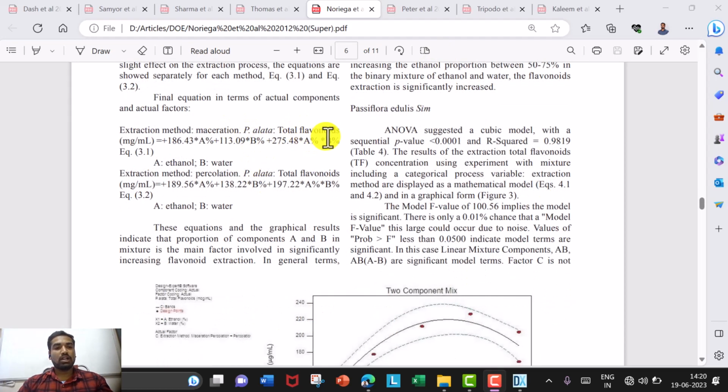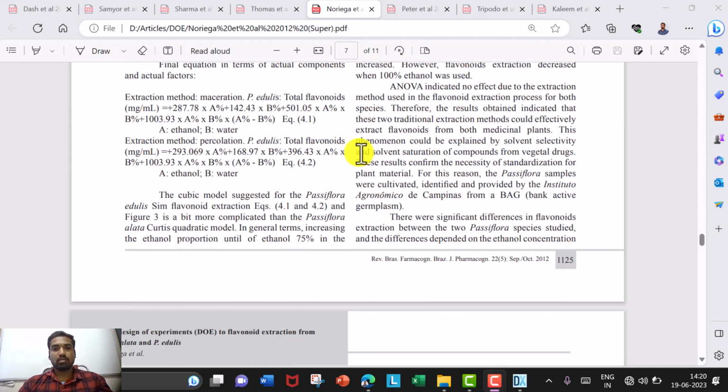Okay, the model gives the equation for the optimized condition. This is the equation for maceration, and this is the equation for percolation. See, in alata the quadratic model is well fitted, but in the Passiflora edulis the software suggested the cubic model, and the acceptance rate is high in this model.